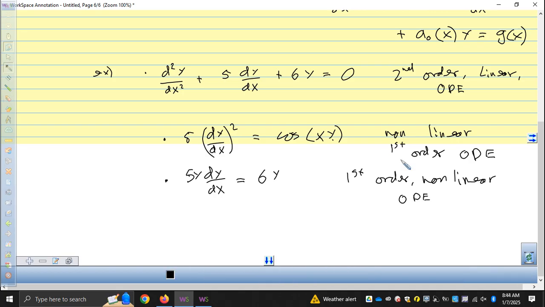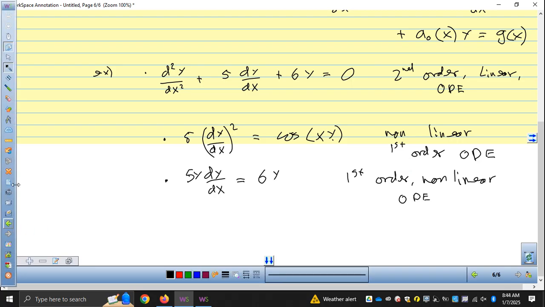All right, so finally, now we're ready to actually talk about solutions. We're not going to actually solve them. We're going to talk about the solutions. So we need a definition.